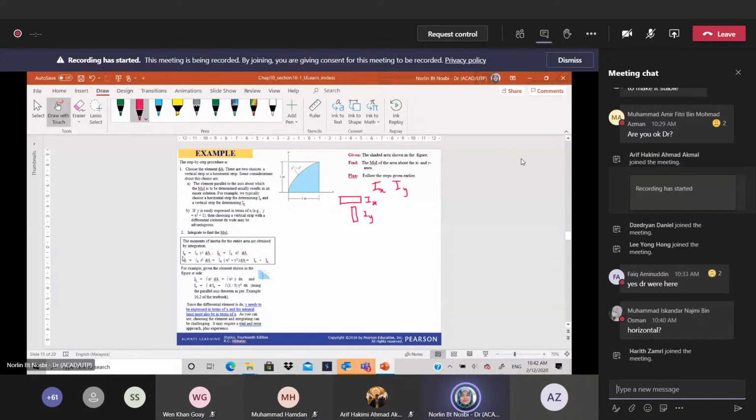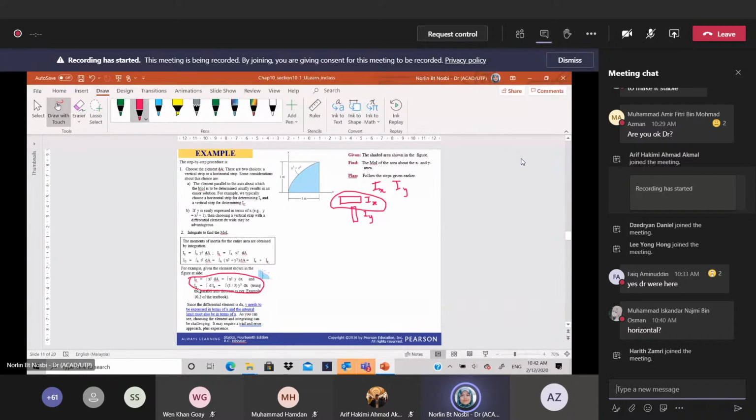Sorry, it's not this one, what I mean is this one. If the element is vertical, then you have to use this equation for Ix, compared to the one that you have known before, which is y squared.